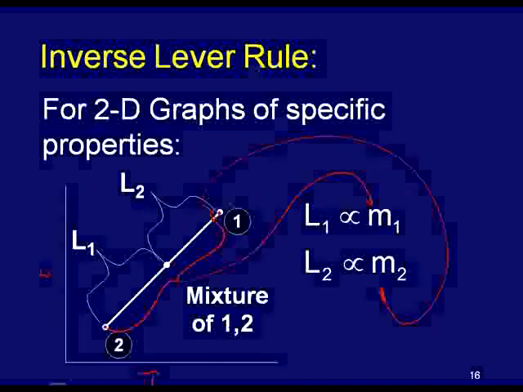So it's a handy way. If you took out a ruler, and you knew that stream 1 and stream 2 mixed and landed here for the final properties, you could use that information to find the distance proportional to the mass of 1 and the distance proportional to the mass of 2, and ratio those two out and find the mass of each stream that was mixed.